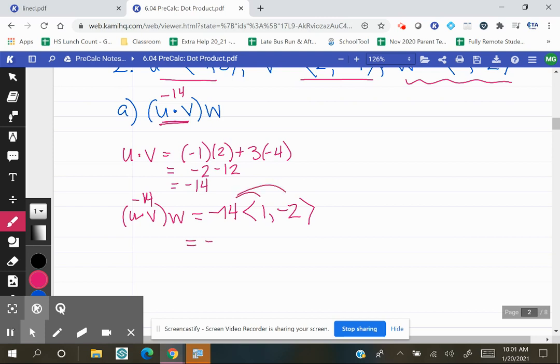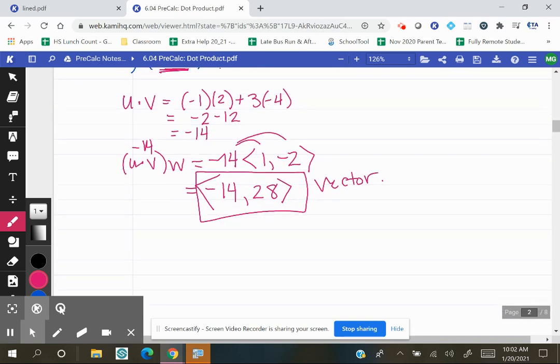So this would give us -14 in component form, and -14 times -2 would give you +28. So our answer here is a vector. So we got a scalar from the dot product, multiplied a scalar times a vector, gives you a vector.